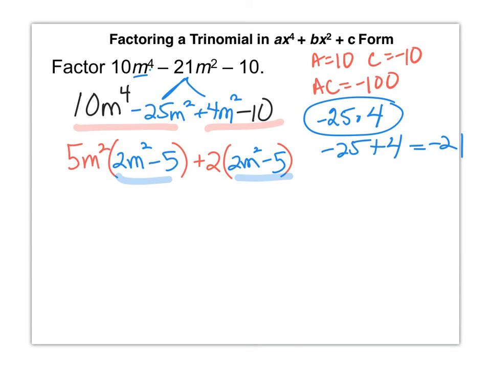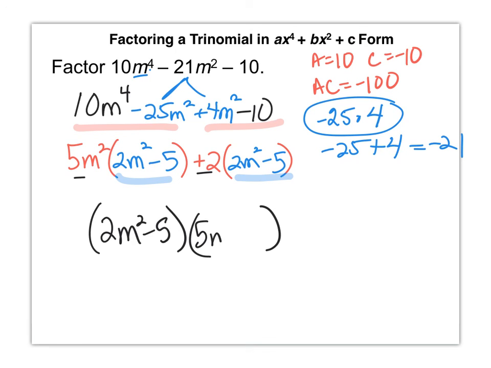That is going to be one of those factors, 2m squared minus 5. And then what's left over when you factor the 2m squared minus 5 is 5m squared plus 2. By using the FOIL process, you can check to see if your answer is correct by working through and getting the original trinomial.